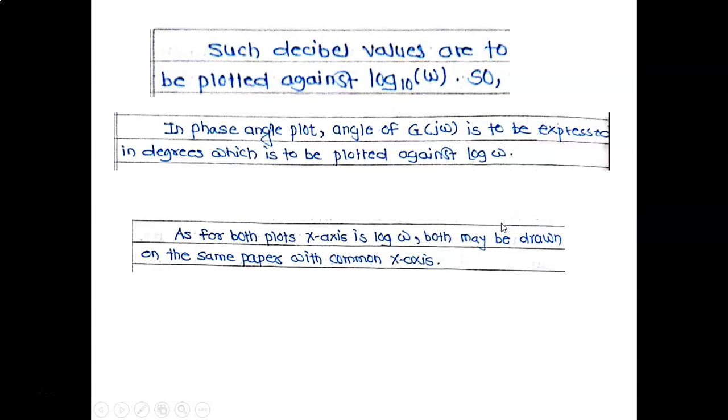Such decibel values are to be plotted against log of omega to the base 10. In the phase angle plot, angle of G(jω) is to be expressed in degrees, which is to be plotted against log of omega. As for both plots the x-axis is log of omega, both may be drawn on the same paper with a common x-axis.